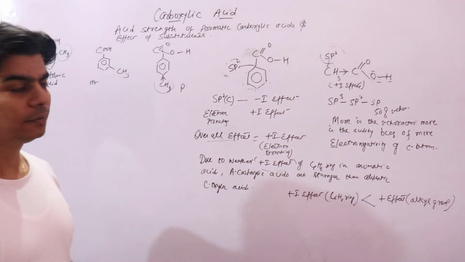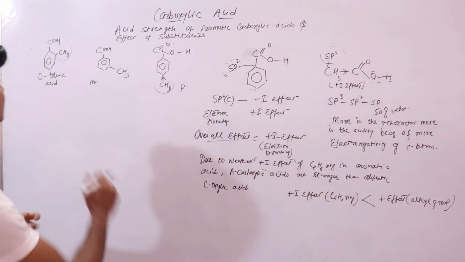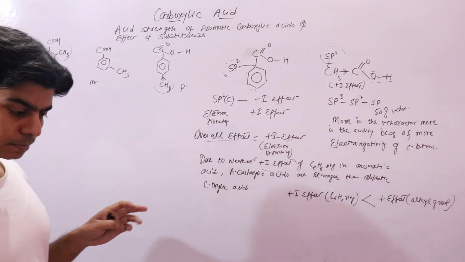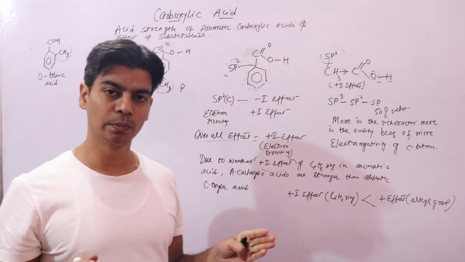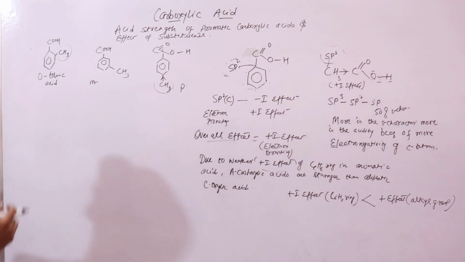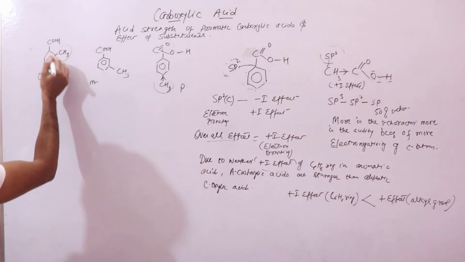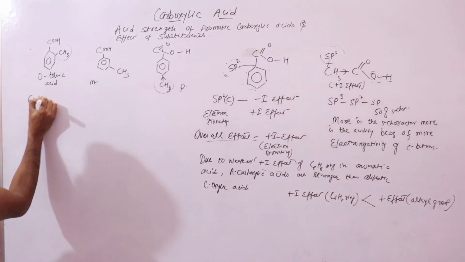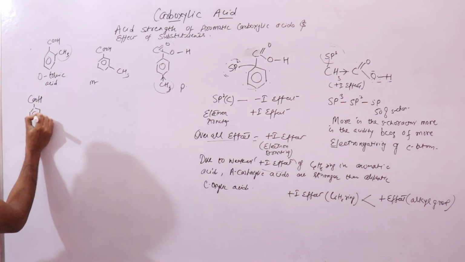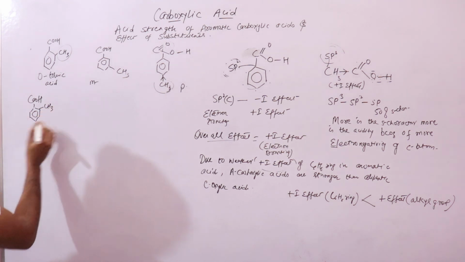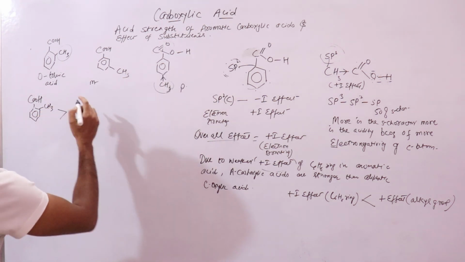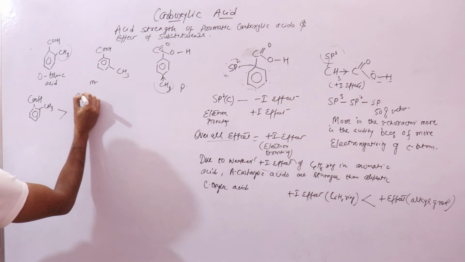Now let's see how it will affect the acidic strength. We say that when your substituent is present at ortho position, that would be the strongest acid, whether it is electron releasing or electron donating, right? So this would be the strongest acid, stronger than even benzoic acid.